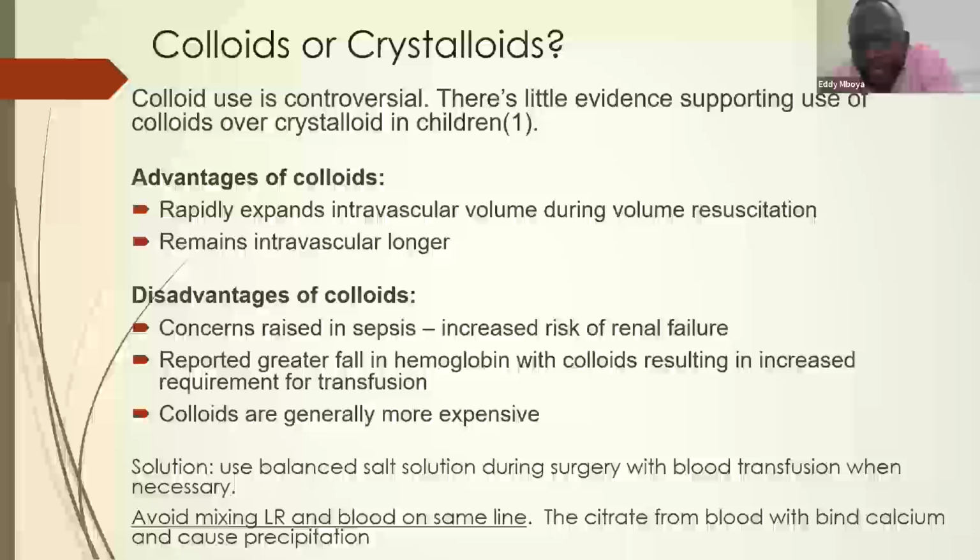When you opt to transfuse a patient who was previously on Ringer's lactate, you need to either change the giving set or the system you're using for administering the blood, because the citrate, which is used for keeping the blood anticoagulated, will bind with calcium and cause precipitation intravascularly.